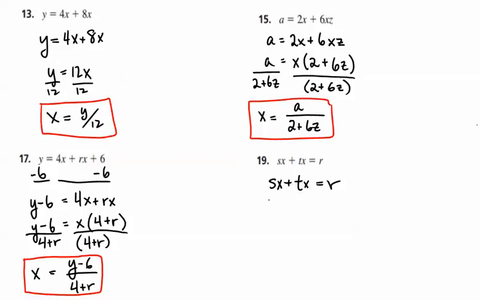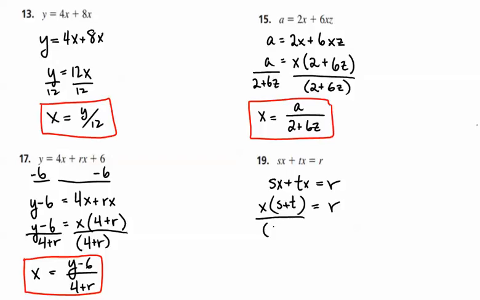Now, we can't combine those. They're not like terms because of the difference in the s and the t. However, we can factor out an x, and we would get x times the quantity s plus t is equal to r.